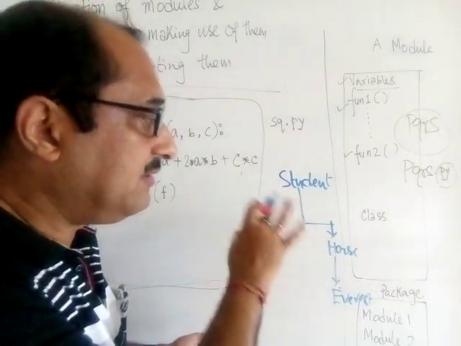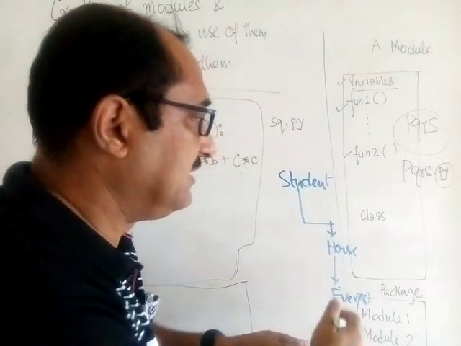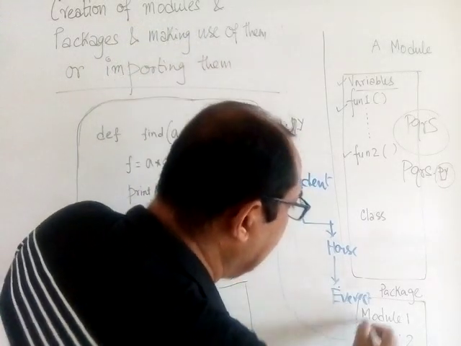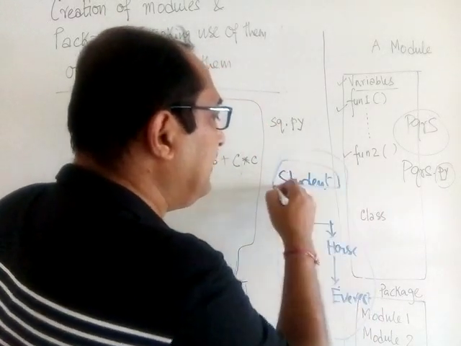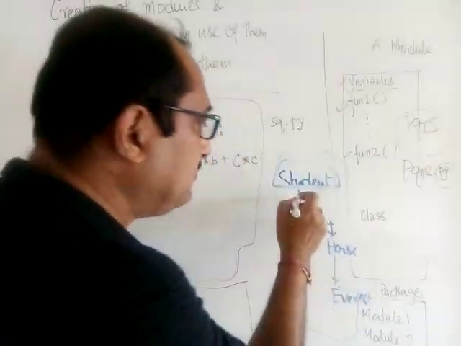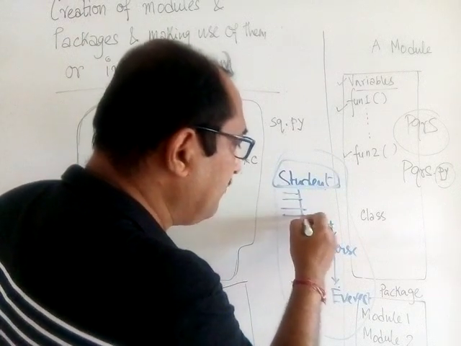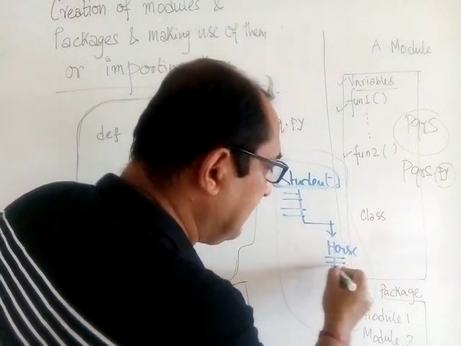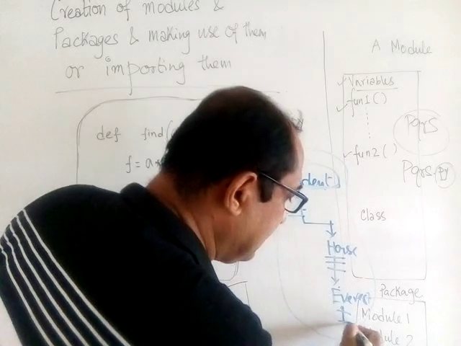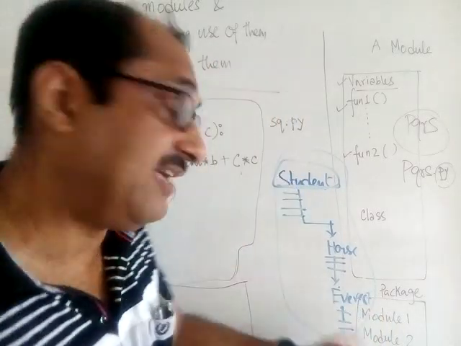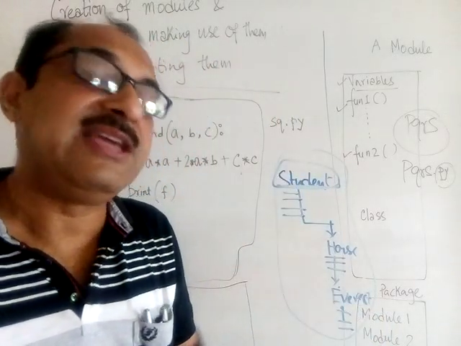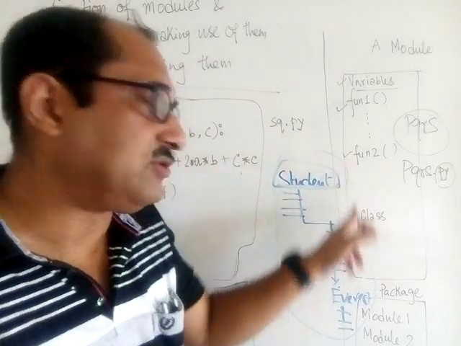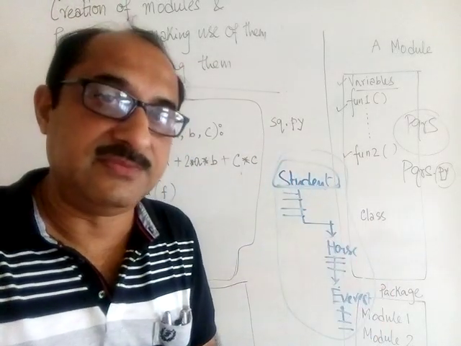We can have subfolders under folders, and all together I can put them into a folder called student. Now this student can have some modules. Here we can have modules. We can have the modules under the house. We can have the modules under this particular folder Everest. So we can have a very complex kind of package also depending on the situation.